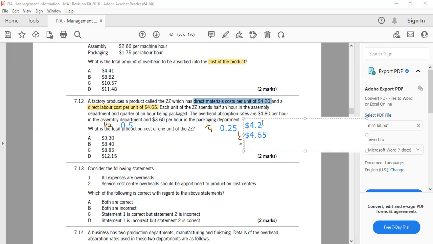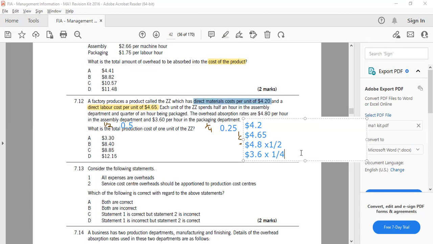It says that 4.8 per hour in the assembly, so you will do it like this: 4.8 you will multiply with the assembly time, 1 upon 2, 1 over 2. Okay. And 3.6, so you will multiply it with 1 upon 4.